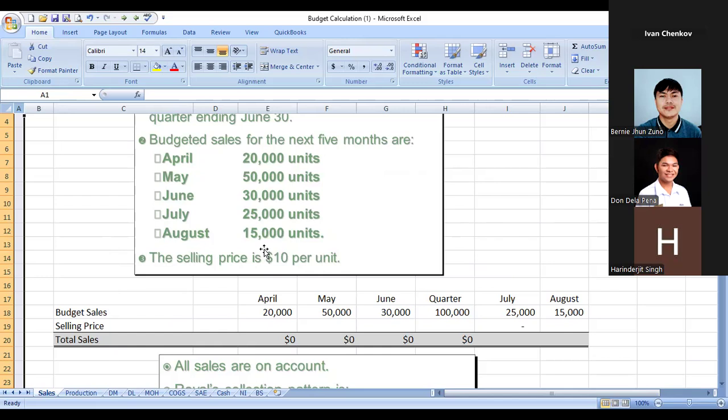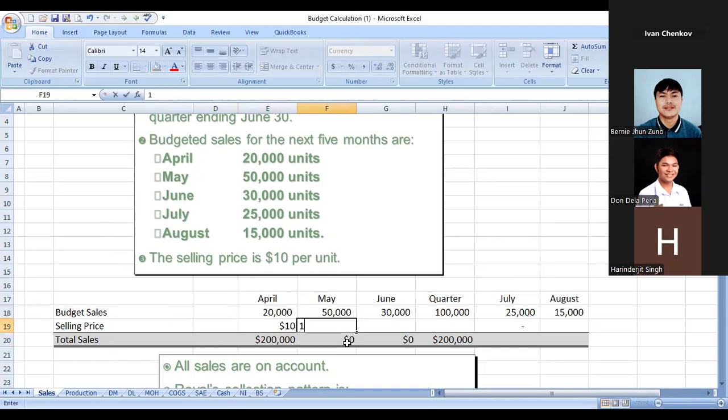What's interesting is the selling price. We're going to have the budget sales, and once we incorporate the selling price, we're going to get the total sales. The selling price is $10 per unit. So for the month of April, by selling 20,000 units, our projection is to have $200,000.